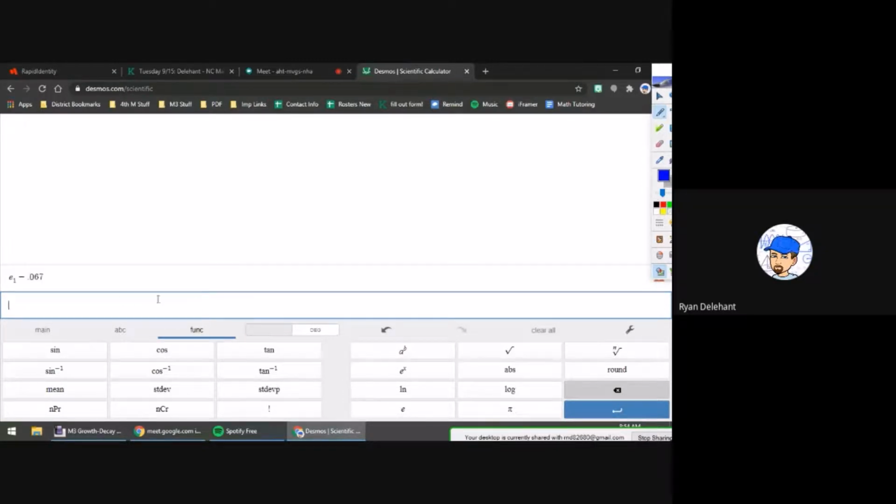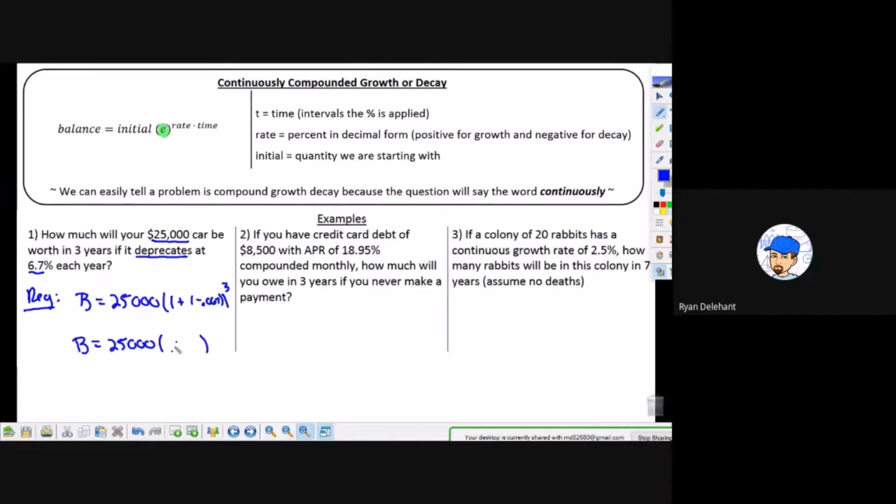0.067. I'm sorry, that's not what I meant to do. 0.933. So our base is actually 0.933. We're going to take that to the third. And that'll tell us how much our car is worth in 3 years.